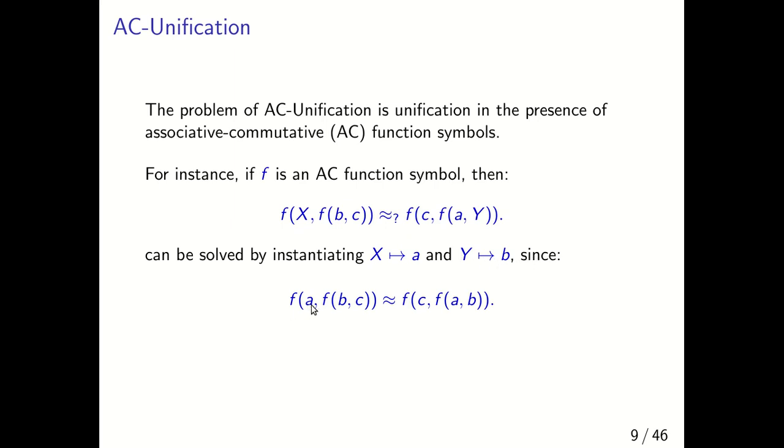Since then, f of a, f of b c, we say that it is equal modulo AC with f of c, f of a b. The order changes, but the arguments of the function are the same, a, b, and c.